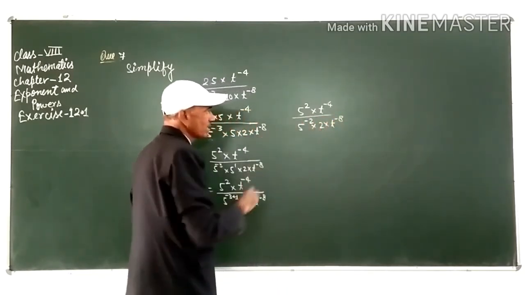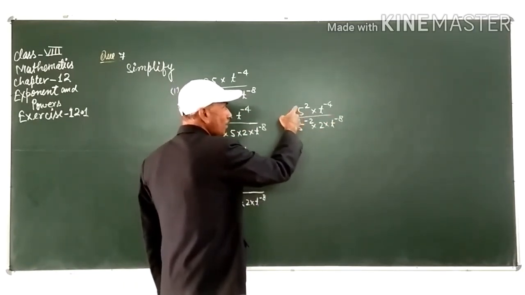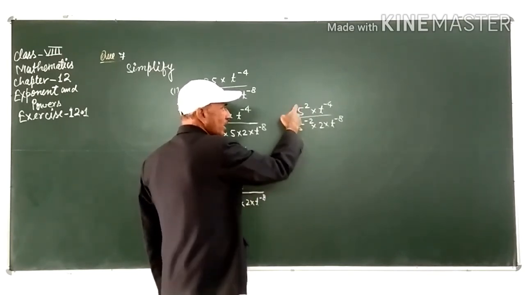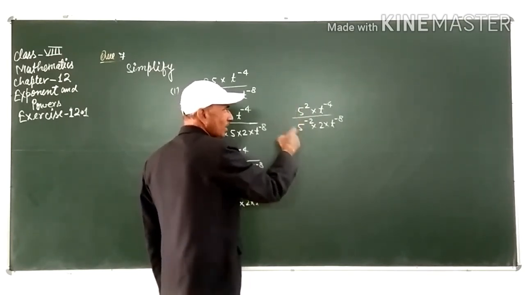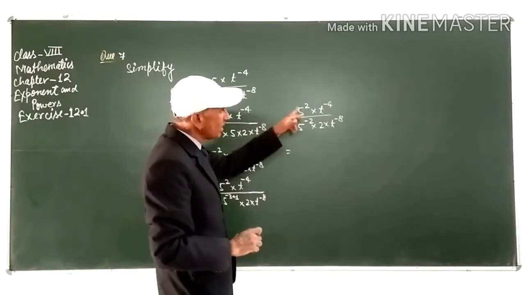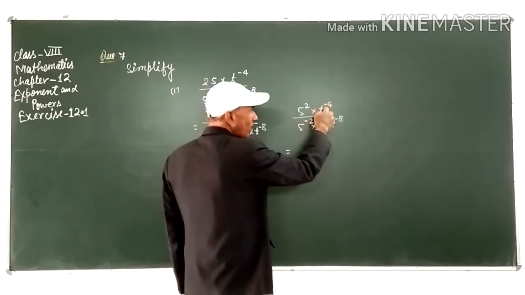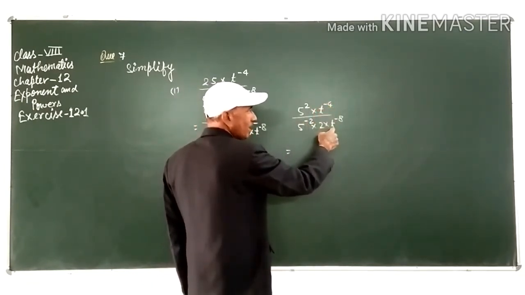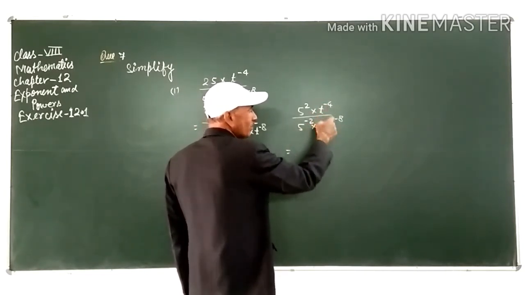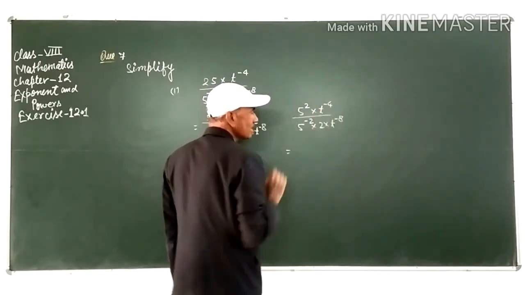Now in the next step, students, we have to write this 5 to the power 2 divided by 5 to the power minus 2. So there is a sign of division in between these two. Bases are equal, so exponents will be subtracted. And again in this, t to the power minus 4 divided by t to the power minus 8. Again in this case bases are equal, so exponents will be subtracted.